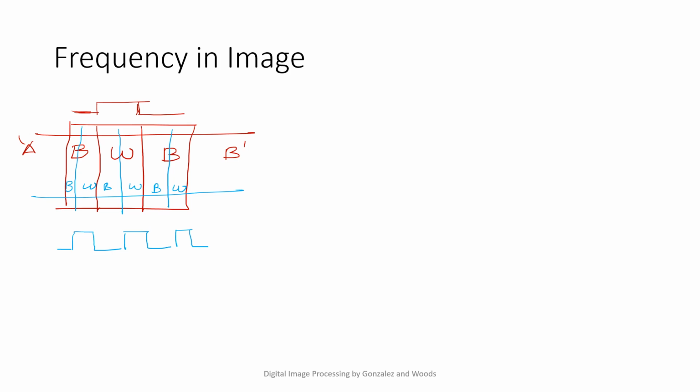Now when you scan the image from left to right, the frequency is the variation in gray level, right? If the variation is more, the frequency is more. If the variation is less, the frequency is less. Suppose this is an image having a constant gray level value. This is white, so all the pixels have a value equal to 255.